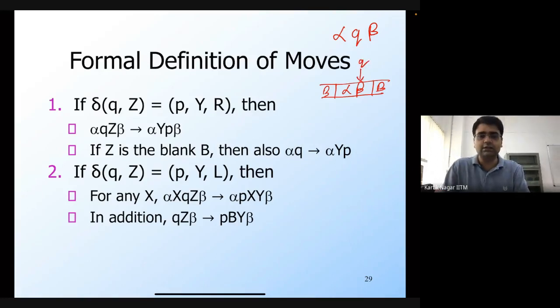This means that whatever is on the immediate right of the state component q, that's the position of the read head. So that's how you read the configuration of the TM.